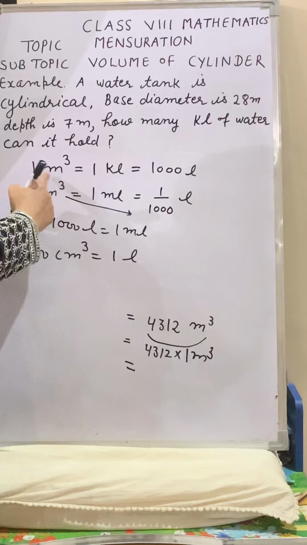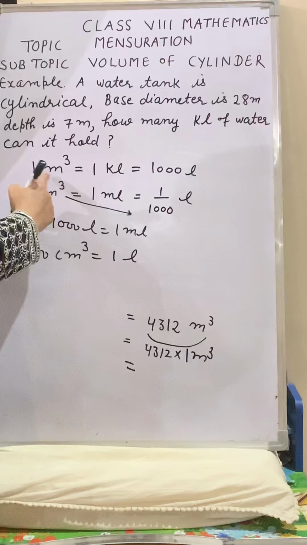And 1 milliliter is 1 by 1000 liters. You know very well. When we cross multiply here, then 1000 centimeter cube is 1 liter. It is the conversion of meter cube into kiloliters or liters, centimeter cube into milliliters, and liters into milliliters, and centimeter cube into liters.